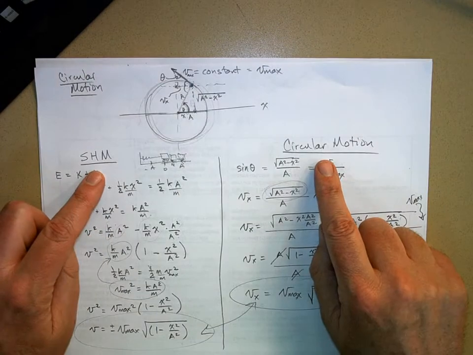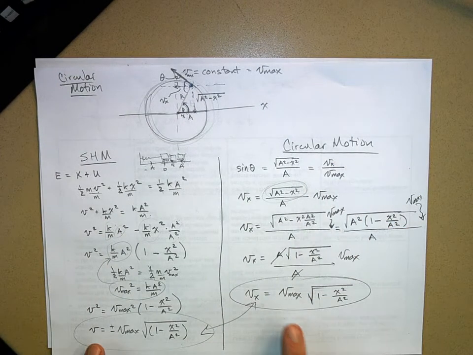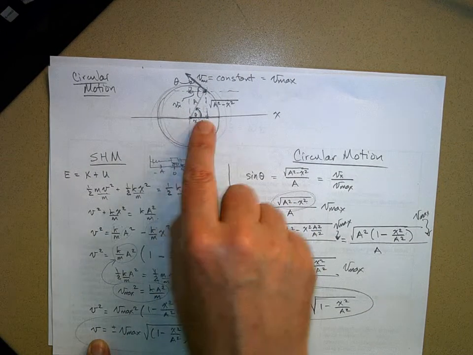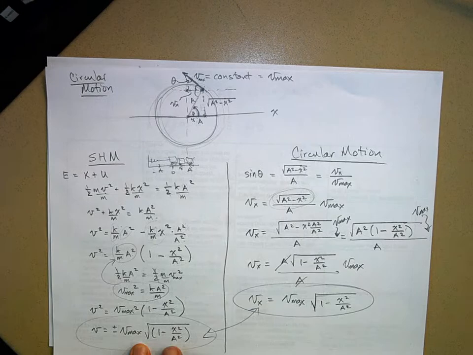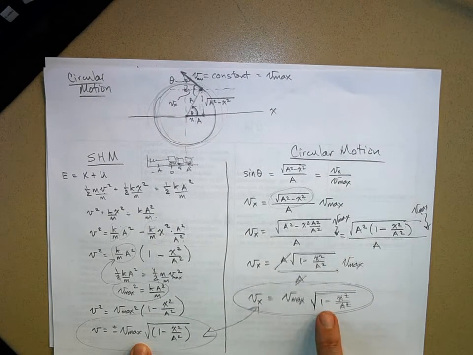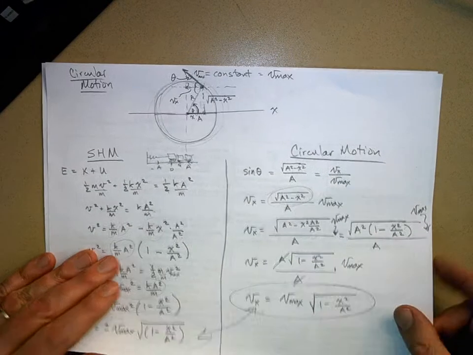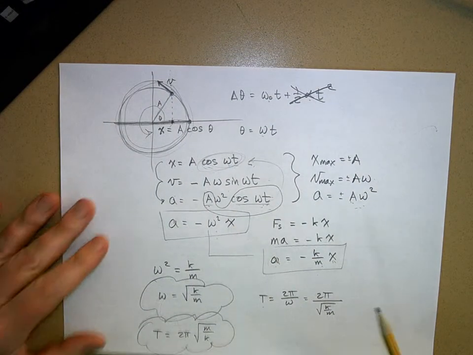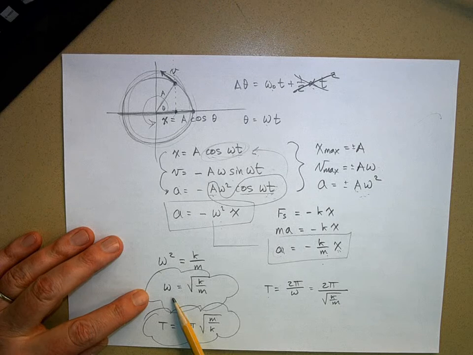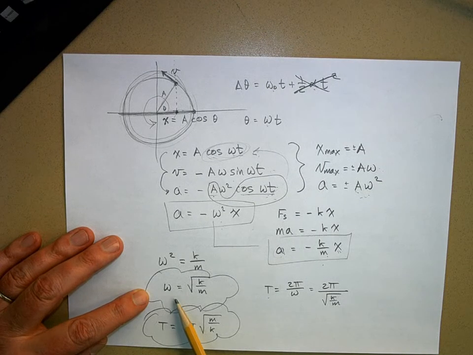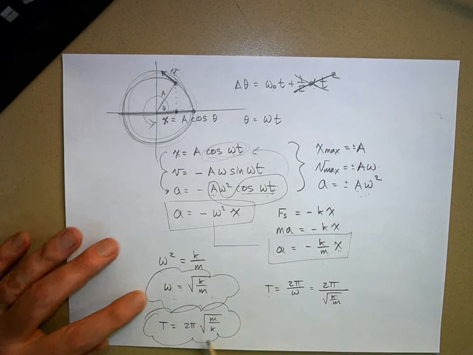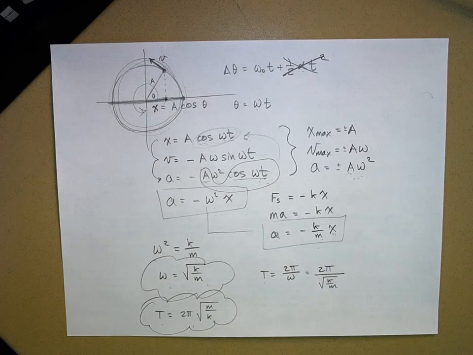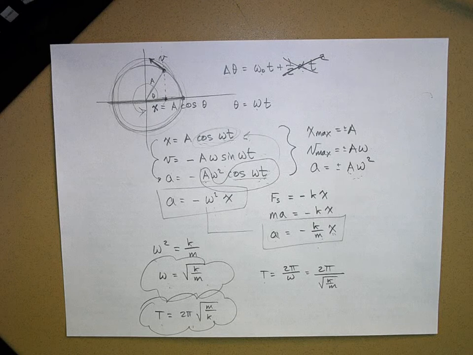We proved that by showing that the x component of the velocity of this is mathematically identical to simple harmonic motion. So therefore we can use the mathematics of circular motion to analyze simple harmonic motion. The angular frequency, in radians per second, is equal to the square root of k over m. And then the period is equal to 2 pi times the square root of m over k. And you should be able to get everything you need from that.